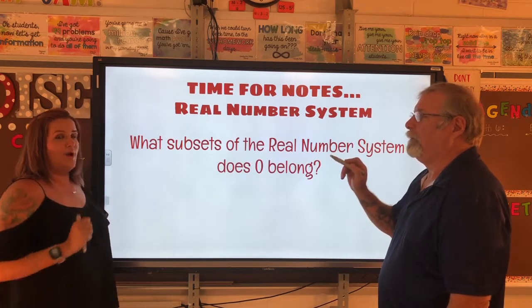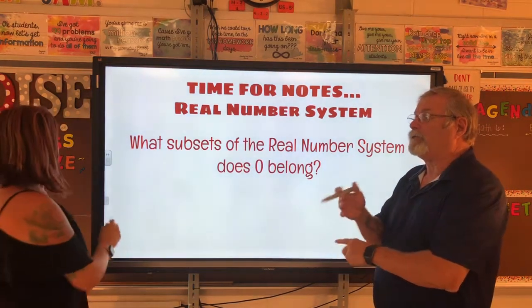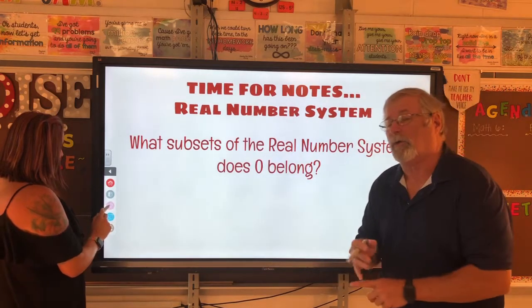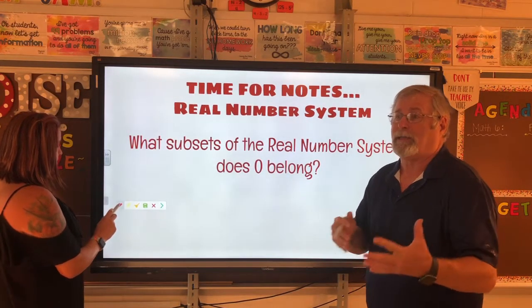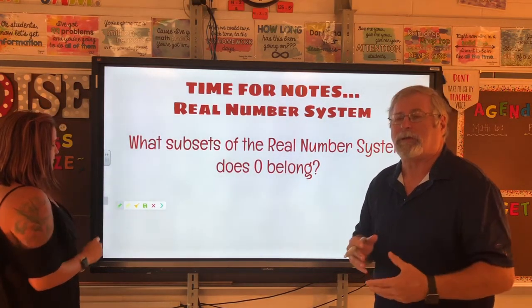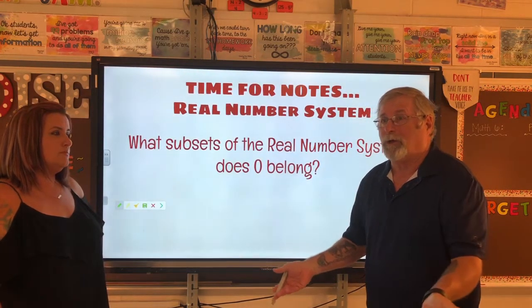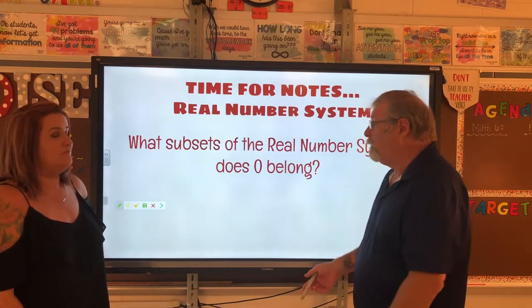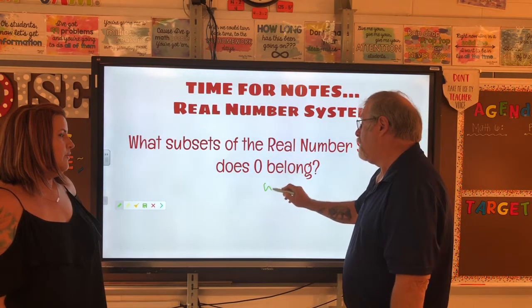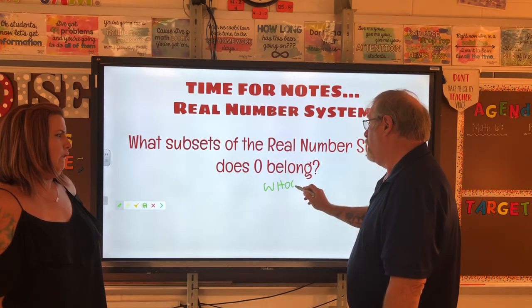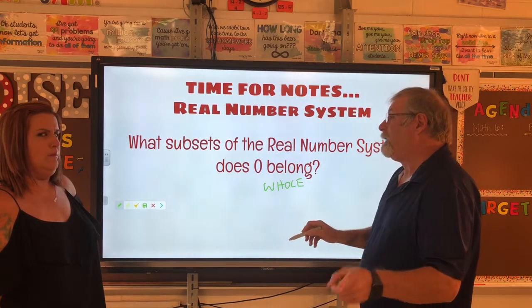What about 0? Well, again, let's start with natural numbers. We know 0 doesn't work for natural numbers because natural numbers are what you're going to teach your little brother, and your little brother's not going to understand 0. But it is whole. It is an integer.